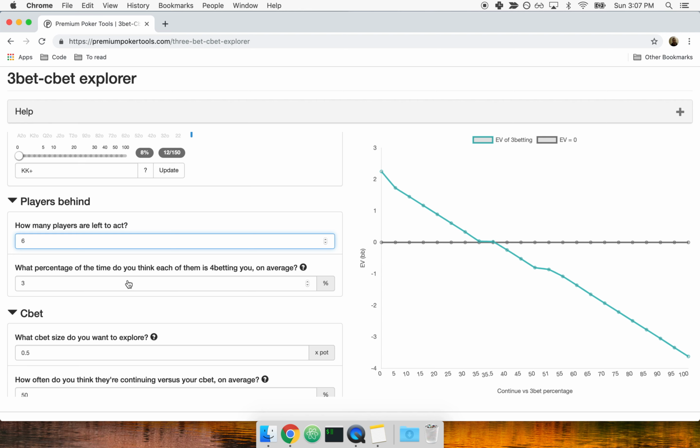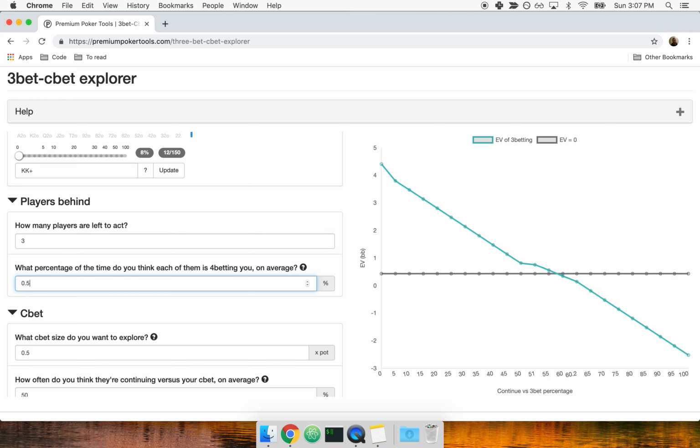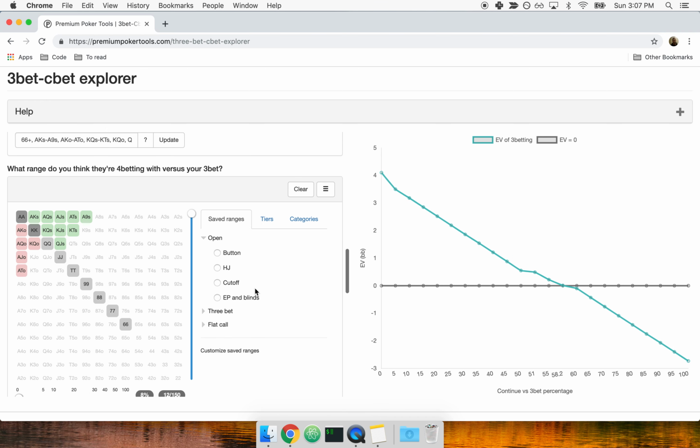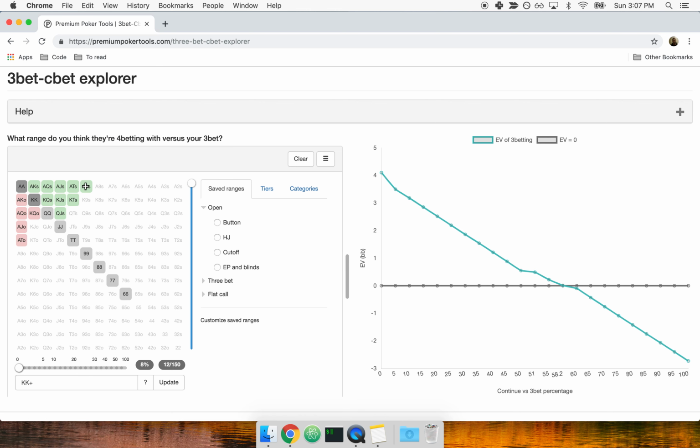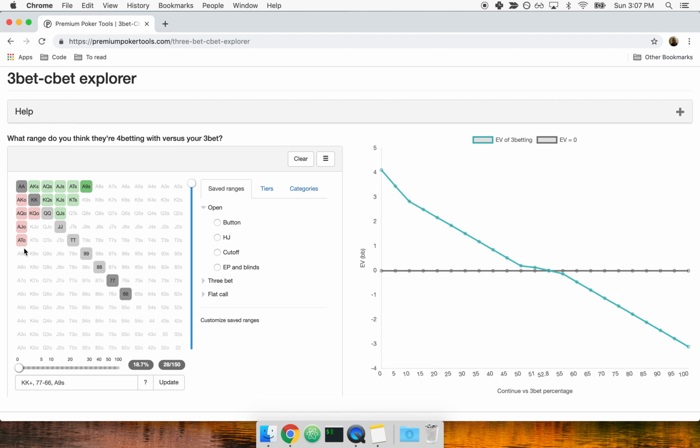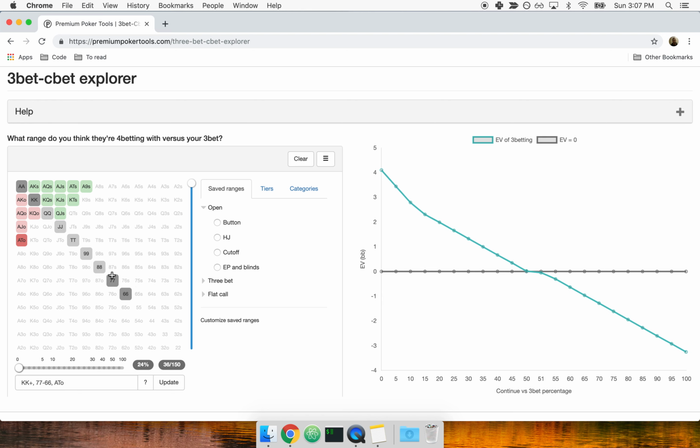So the thing to look for is whether people behind you are capable of 4-betting a non-trivial range. And I'm going to move this back to the defaults. One other thing to think about is that even if the people behind you are all really tight 4-betters, if the initial person who opened has a bunch of 4-bet bluffs that he's capable of pulling off, that's another thing to worry about.